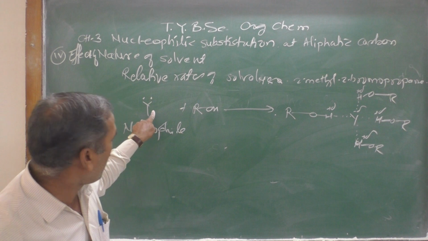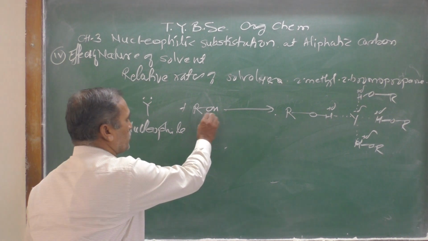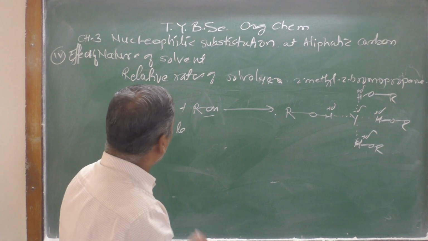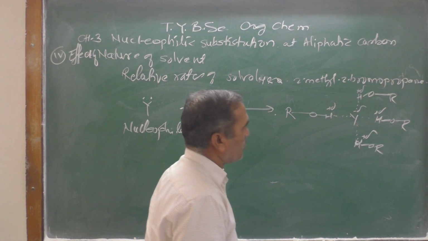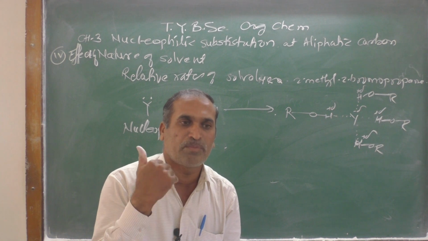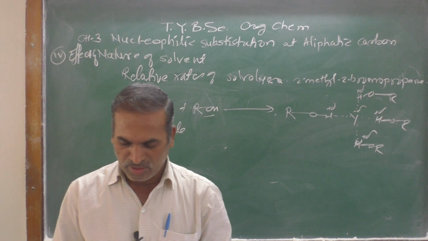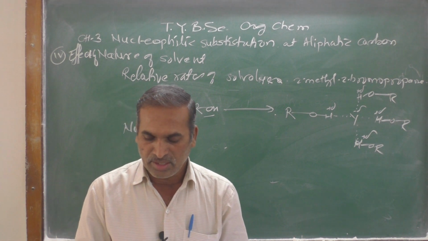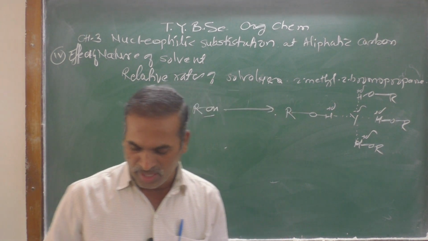This nucleophile, as we know, nucleophiles are electron rich species. Due to the presence of the proton over there, that nucleophile gets surrounded by that solvent through hydrogen bonding, and therefore this nucleophile faces a lot of difficulty to attack the carbocation, and therefore in a polar protic solvent the SN2 reaction rate decreases. Remember, in such cases the SN2 reaction rate decreases.